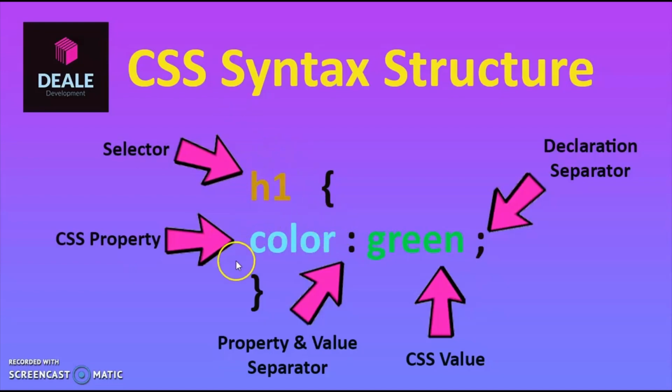So you can see over here, this is the CSS property in question. So color, that is a property, and green, that would be the value, the CSS value. So it's properties and values. And the way that we separate these is with a colon in between. So that is the property and value separator. So you can have as many of these as you want in every single opening and closing curly bracket. And the way that we separate our declarations for our CSS is by using a semicolon.